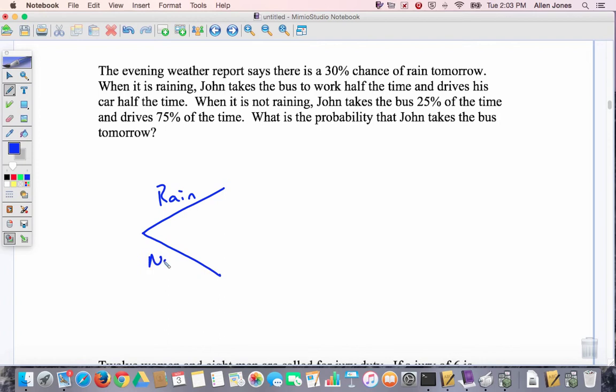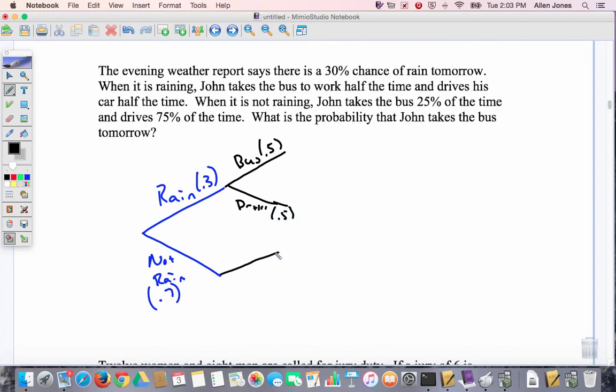Okay, so to start out with, there's 2 things that can happen tomorrow. It can rain or it cannot rain. So we'll start those as our 2 branches. The chance of rain tomorrow is 30%. The chance of it not raining then is 70%. Now off of that, if it rains tomorrow, John takes the bus to work half the time.